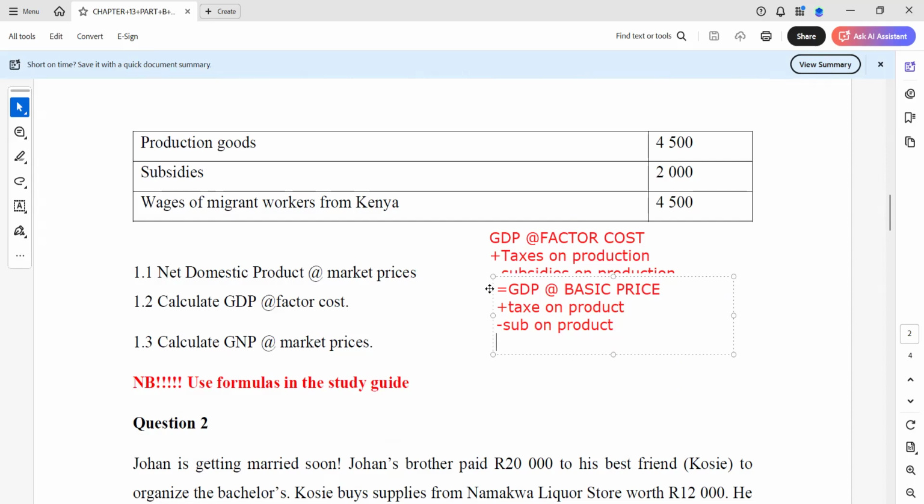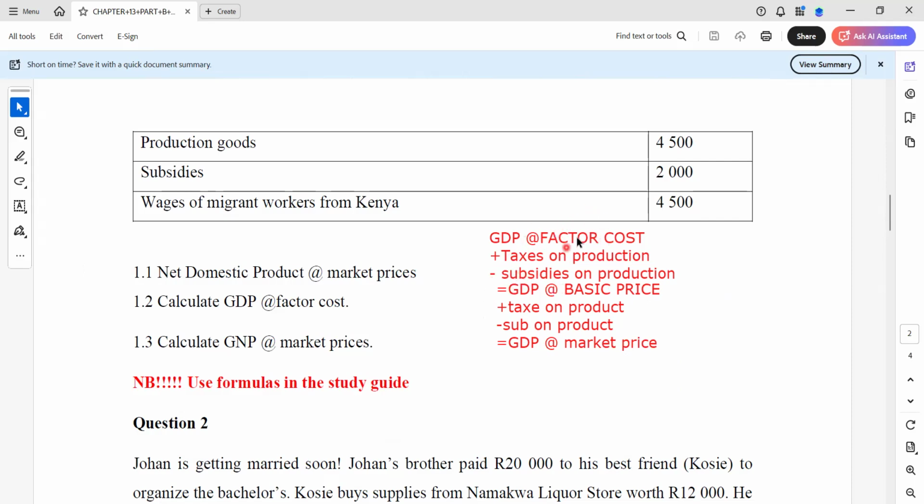And then you would get GDP at market price.